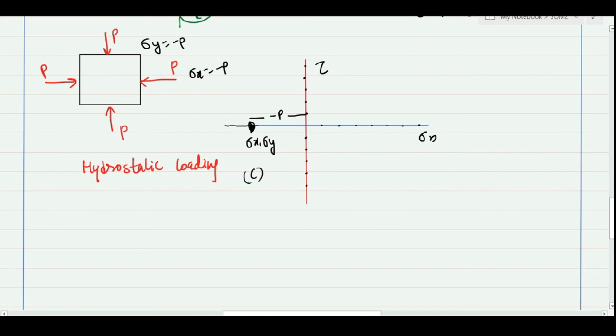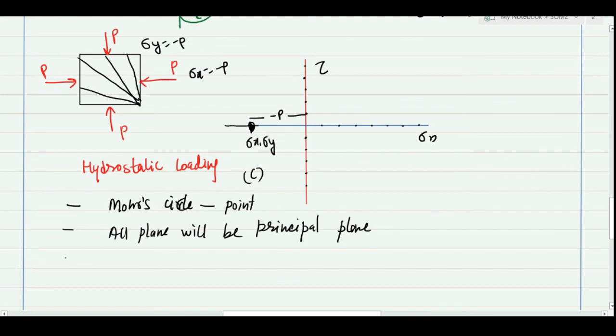If you recall from the analytical class, what would be the principal plane? All planes will become principal planes, and the magnitude of your principal stress will again be minus p. That means in case of hydrostatic loading, please remember this standard result: the Mohr circle will be a point, all planes will be principal planes, and the magnitude of principal stress is minus p.